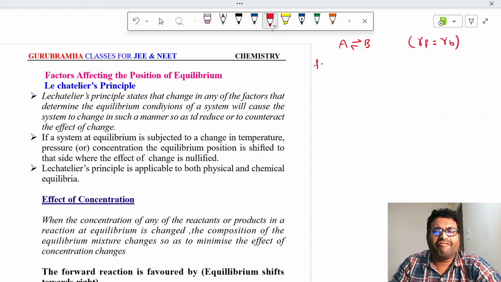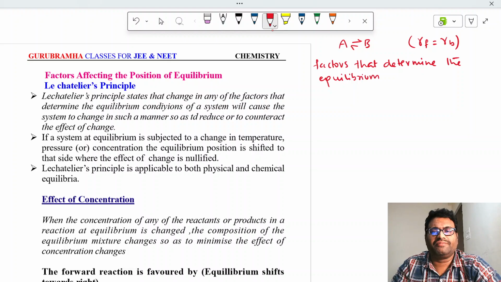So let us see the factors that determine the equilibrium state or equilibrium position. One, concentration of reactants or products, or we can say concentration of reactants and products.